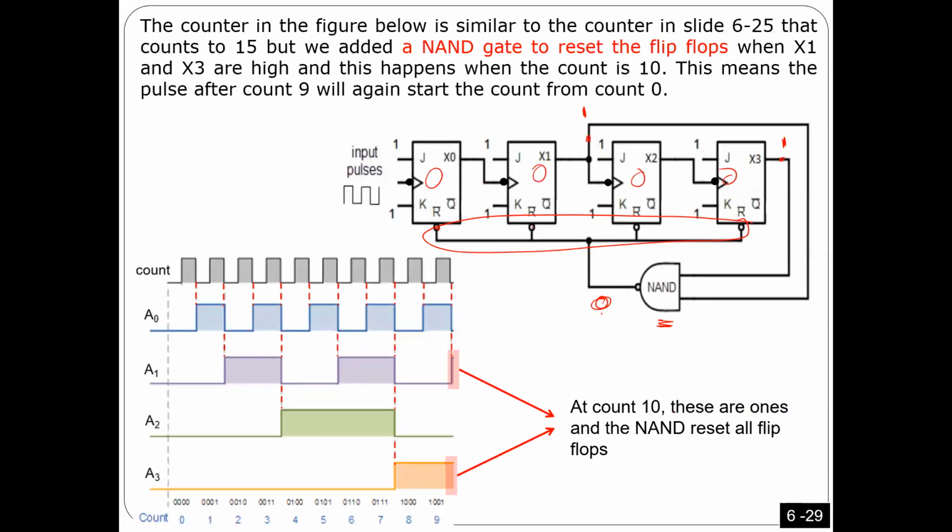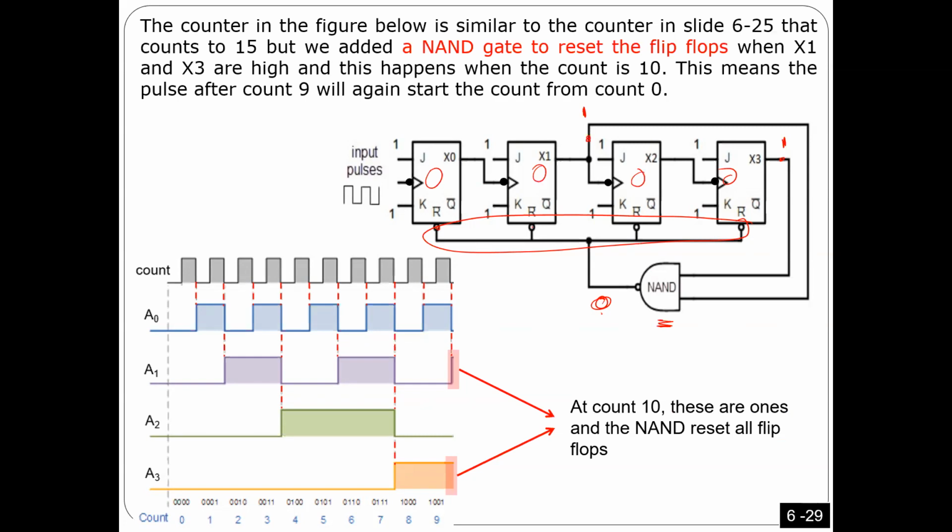So once the number is 10, you have 1 and 1 here, the output is 0, so that you reset. I'm going to force it: you count 0, 1, 2, 3, 4, up to 9. Once you come to 10, it's not going to continue. I'm going to force the flip-flops to reset this way.